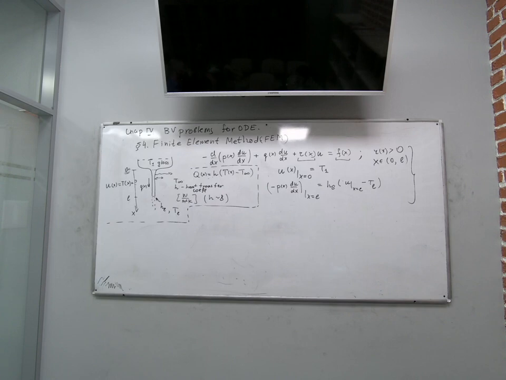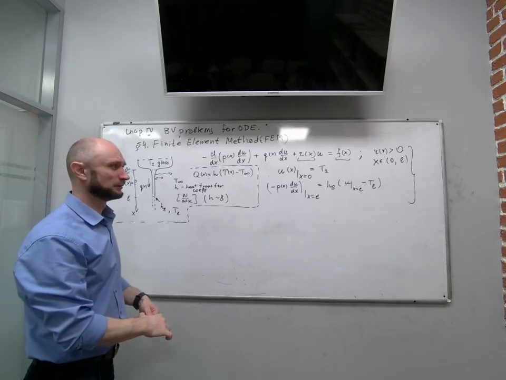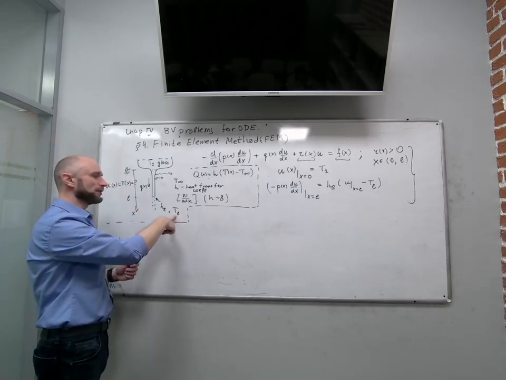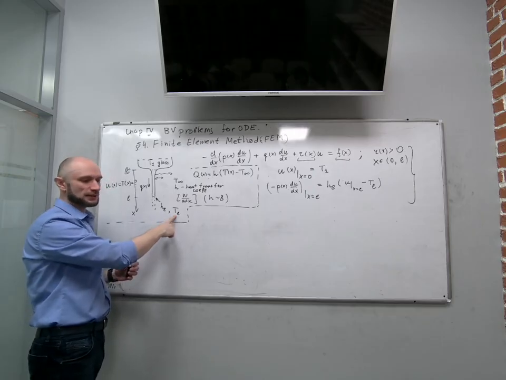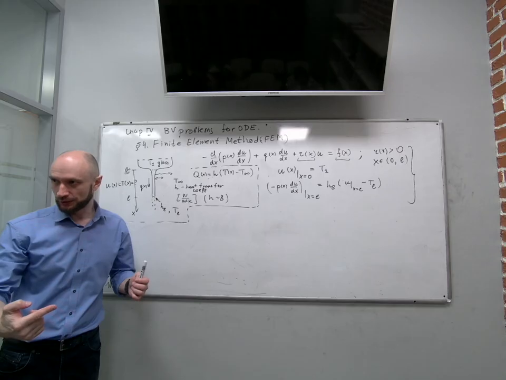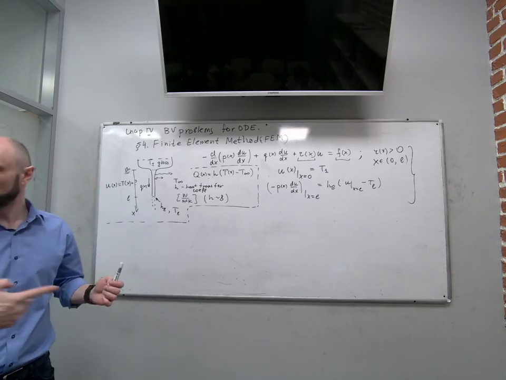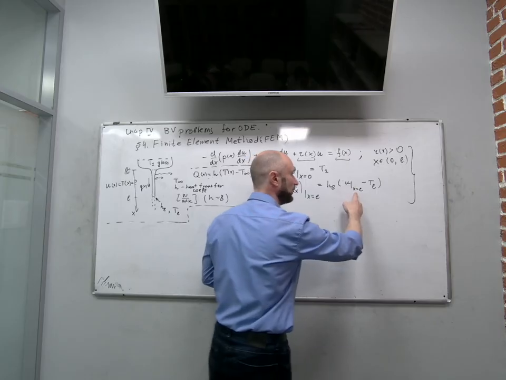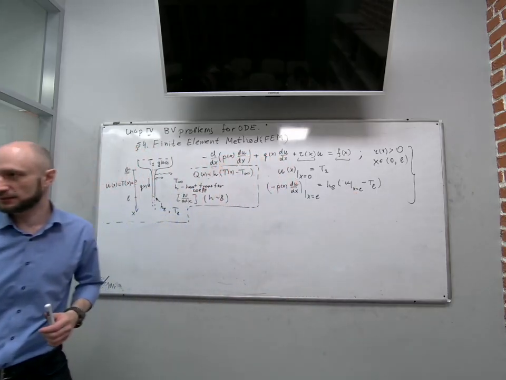I denoted with TL the temperature of the external air. Yes, it's for air, that you are using to cool down the glass, and U at point L is the temperature of the glass. Okay.